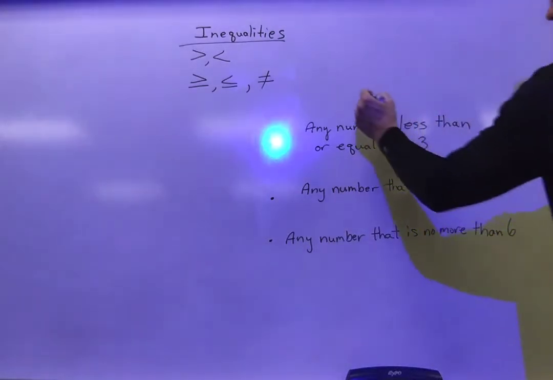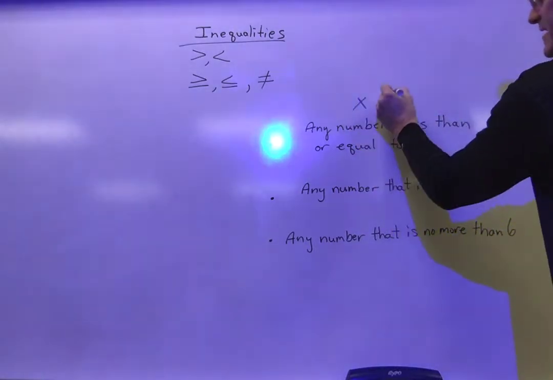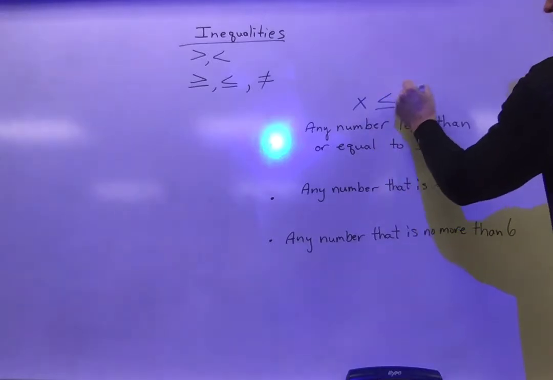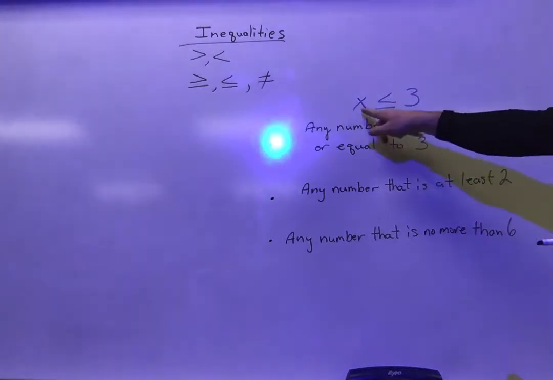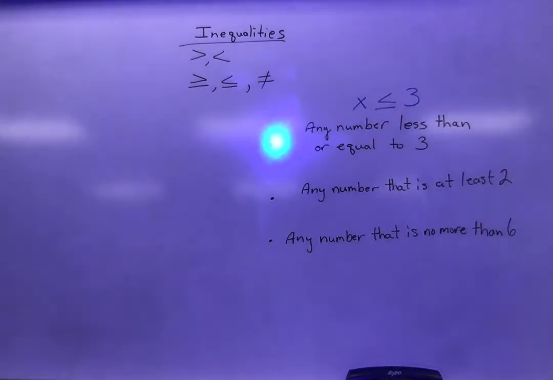We would write that like this. That means any number less than or equal to 3 would make this true. So 2, 1, 0, negative numbers. You could have fractions and decimals in there as well, but it just has to be less than, or it can equal 3 exactly.